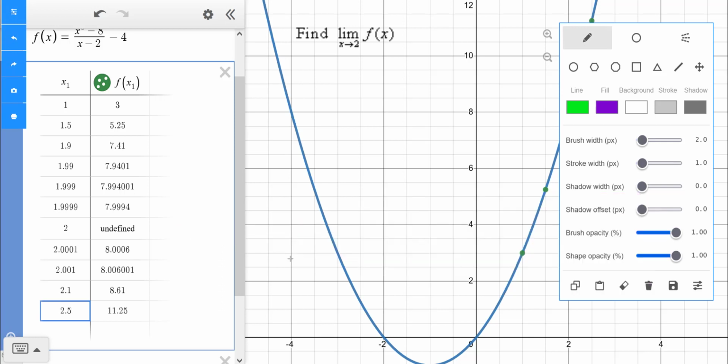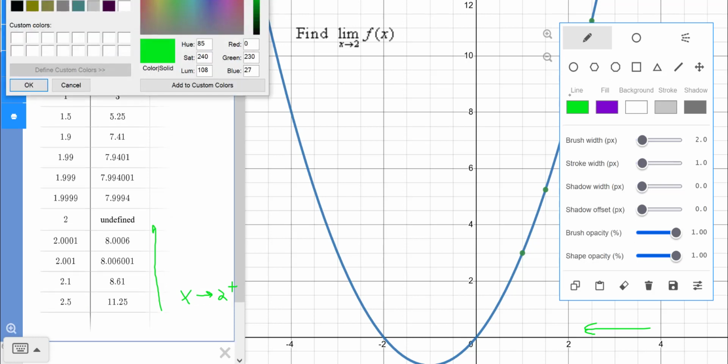All right, so if we were to look at the table, we could make some conclusions here about the limit. Here, my x's are approaching 2 from the right. So we're coming at the number 2 on this side. And on this side, let's change the color real quick here.